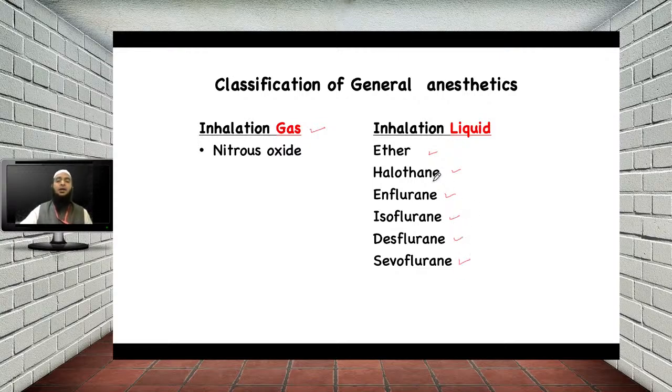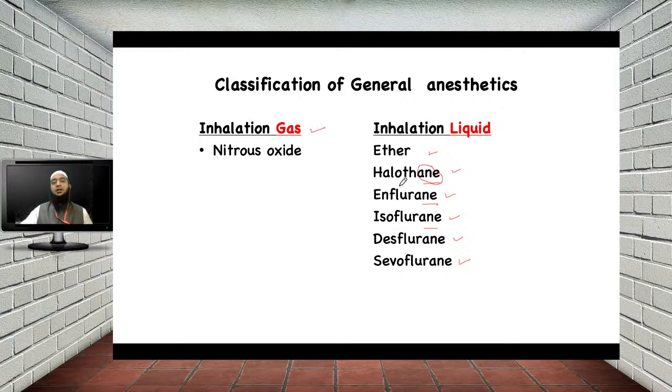The common thing among these drugs is that they end with the suffix ane. Most of these drugs are halogenated, meaning they have one or another halogen.